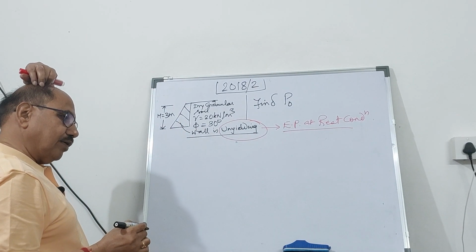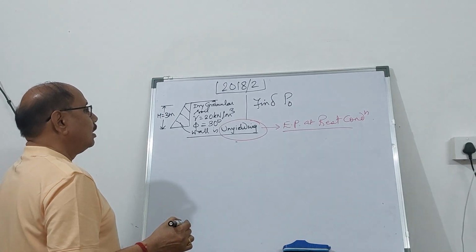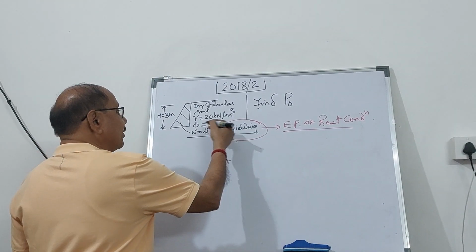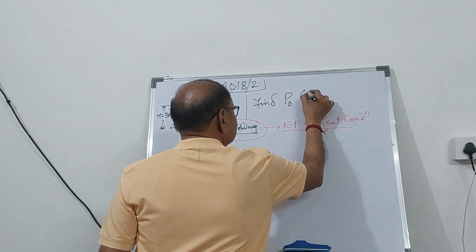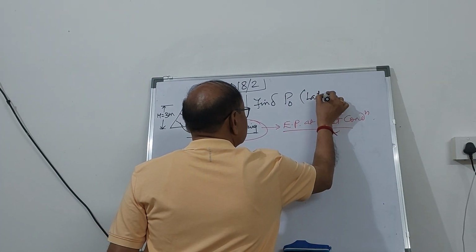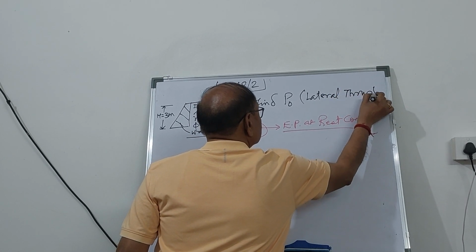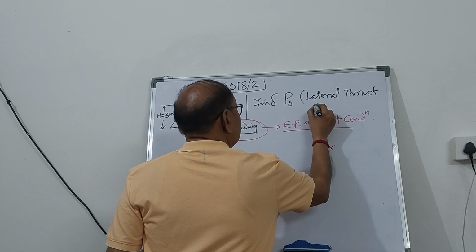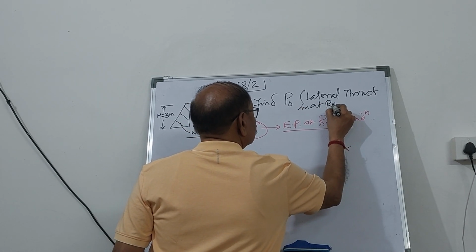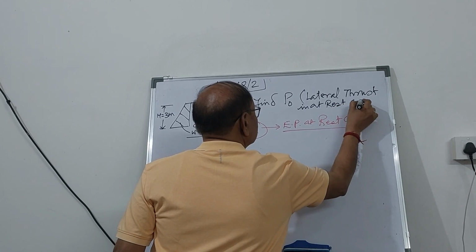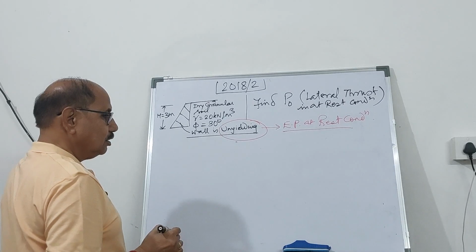So what you will have to find out? The lateral pressure, lateral force, lateral thrust. This is the lateral thrust at rest condition. So you will have to find out this one.